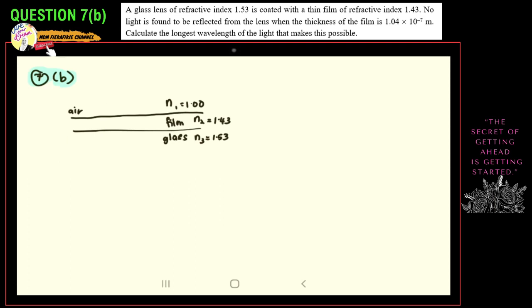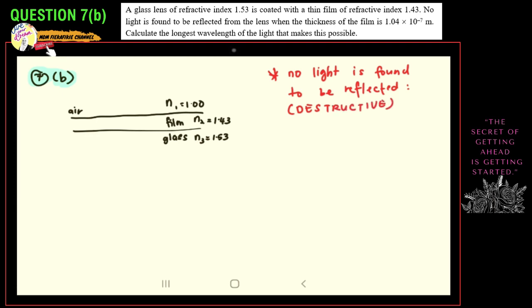The question state that, okay, no light is found. Apa maksud dia? No light is found to be reflected. Okay, so maknanya dia refer kepada disruptive. Okay, itu keyword dia. Kita kena tahu dulu dia disruptive ke konstruktif. Okay, nak pilih formula nanti takut salah guna formula.